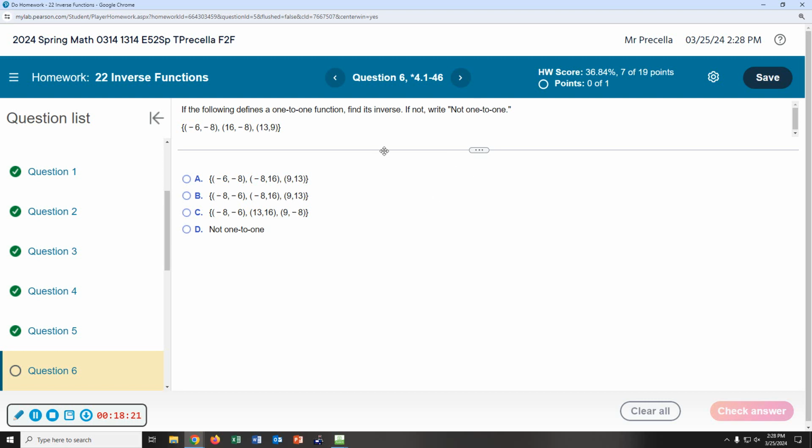This is number 6. Actually, this is one of the easier assignments, according to what students say. Negative 6, negative 8, 16, negative 8, and 13, 9.